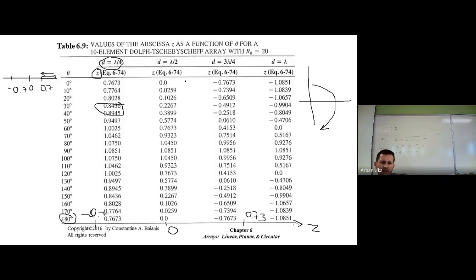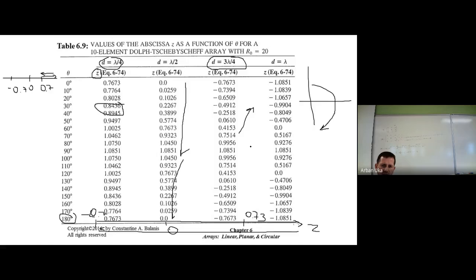Again, from 0 it increases to 1.08, and then it decreases again as a function of the angle theta. For this type of distance between any two subsequent antennas, we observe that the values of z change from minus 0.7, increase up to 1.085, and then decrease again. So that's what I was trying to show.